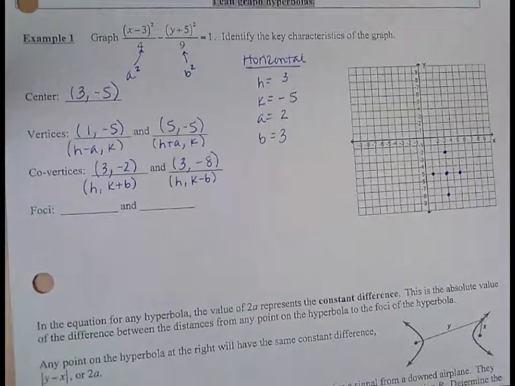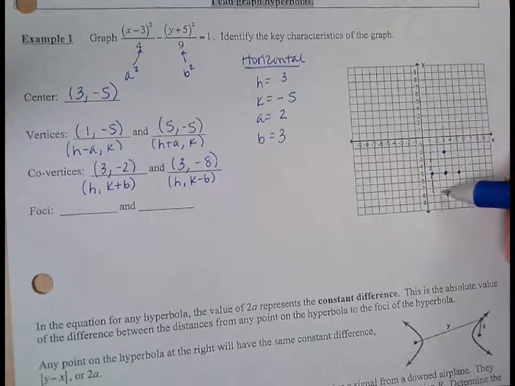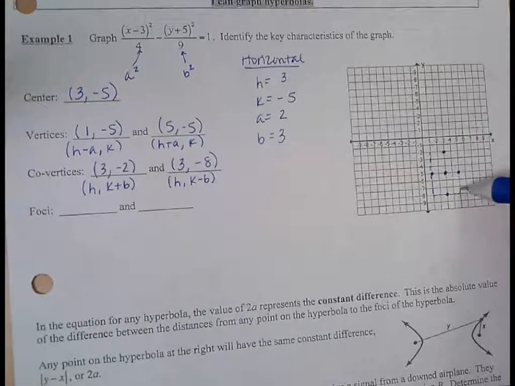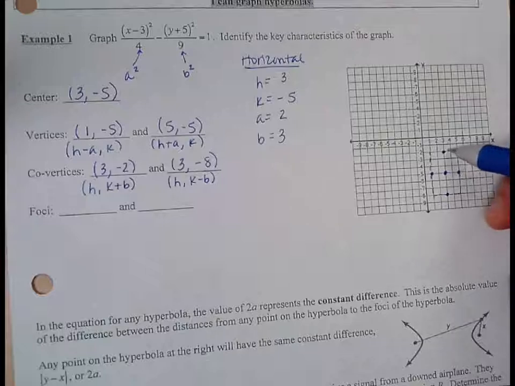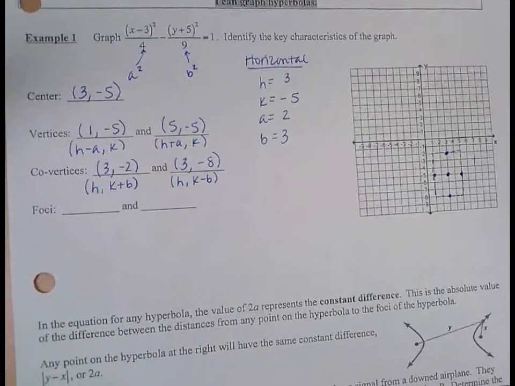So you want to dash in a rectangle or a box that has those 4 points, 1 point in the middle of each of the 4 sides. So the box has a length of your conjugate axis and a width of your transverse axis.